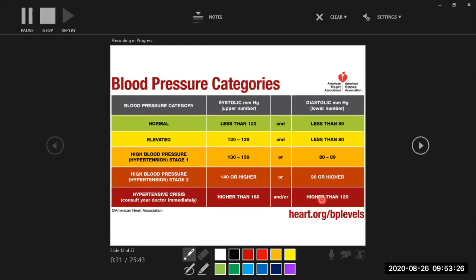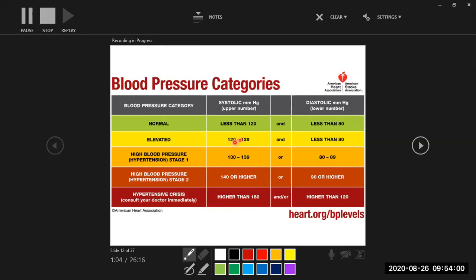If it's 120 and 80, it's considered normal. If it's 130, more than 120, then it's considered elevated. If it's 130 to 139, it's considered as hypertension, okay? Stage 1, 2, and even higher.